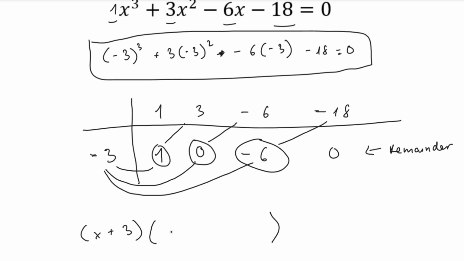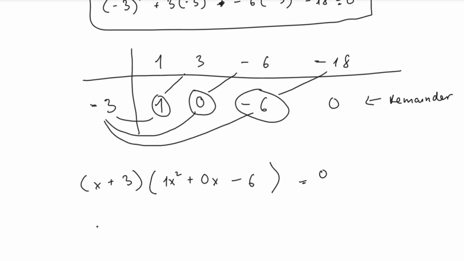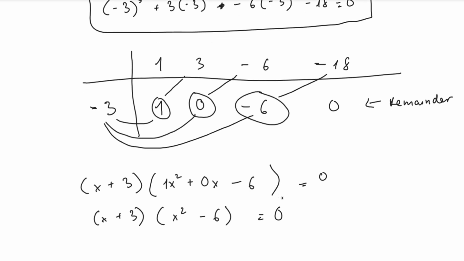So it starts with x squared, with coefficient 1, then plus 0x, and then -6. So the factors of this polynomial are x + 3 and x squared - 6.